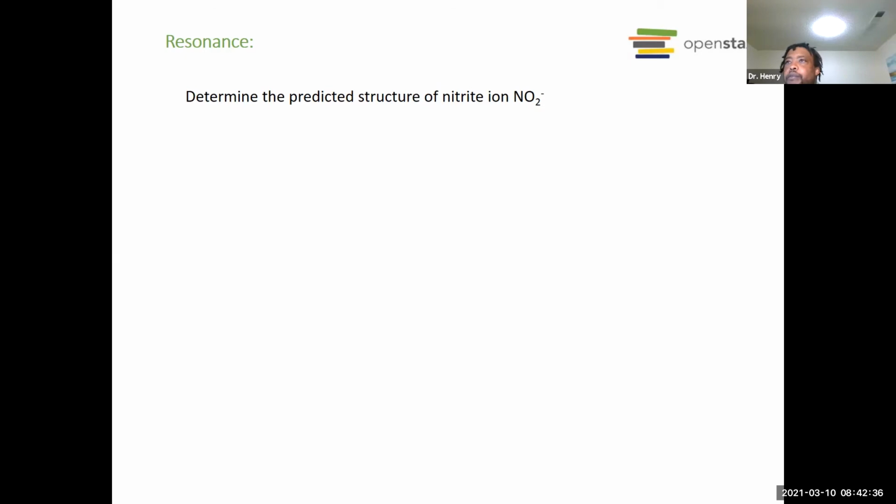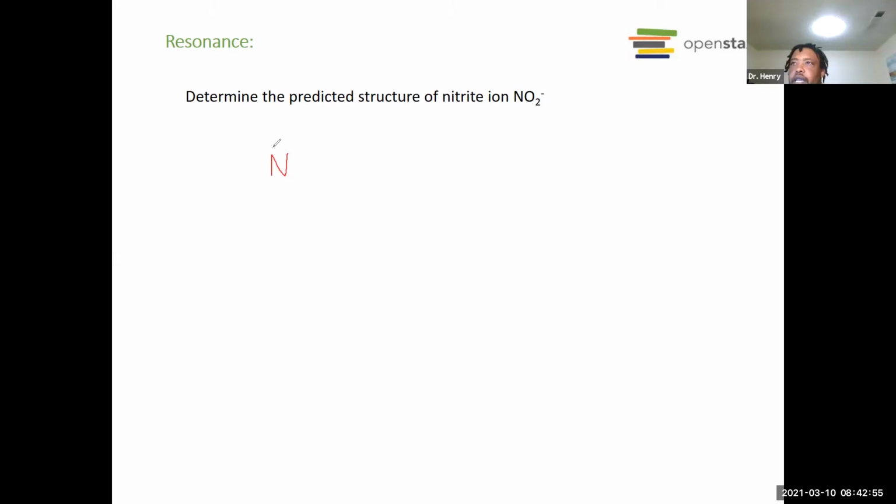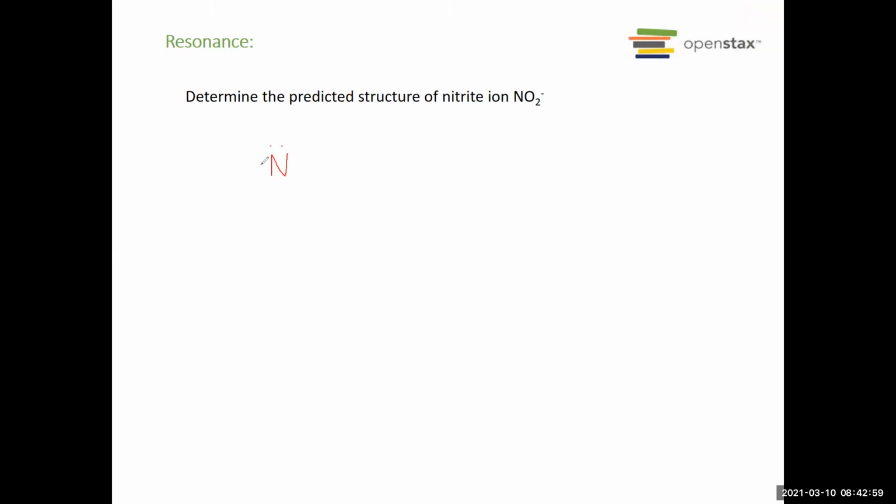So here we can predict the structure of nitrate, the nitrate ion. So I'm actually going to do this. This is going to be the center atom, nitrogen. So nitrogen has how many valence electrons? 5. So let's do the numbers.